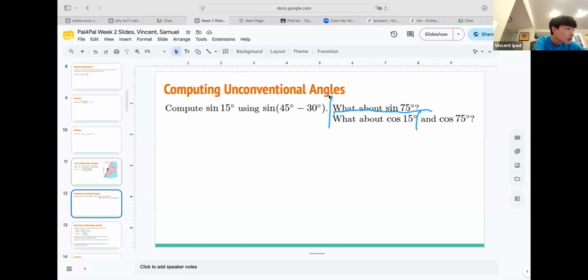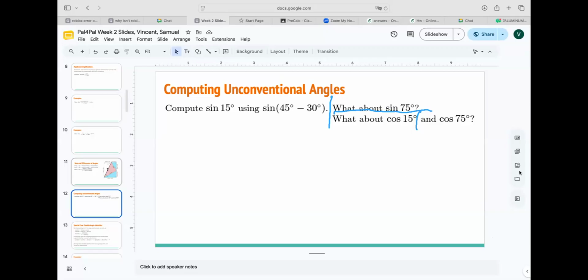All right, so it's been a while. Does anyone that hasn't answered yet know how to do the first part? Just sine 15. Anyone?